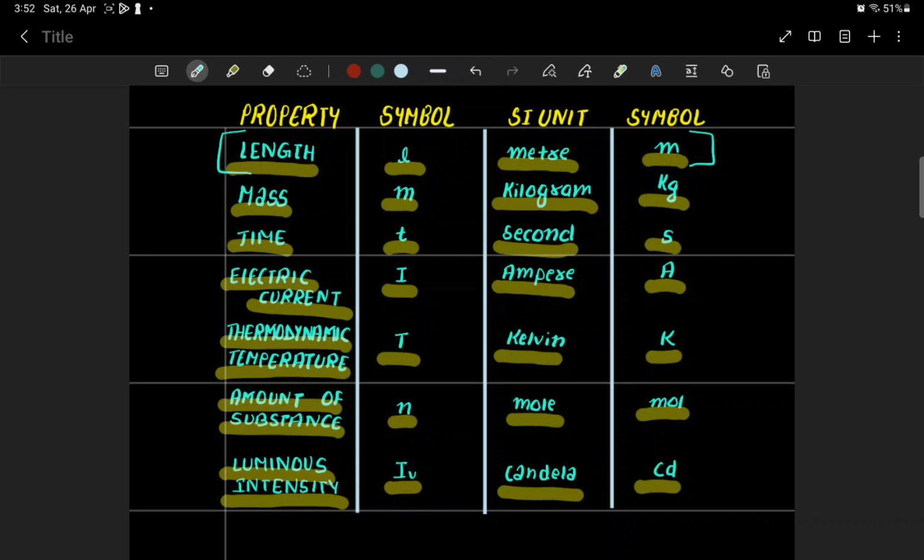Also, prefixes. Normally prefixes are not very much used. Even out here, the kilo is a prefix, 10 to the power 3. When we indicate multiples or submultiples, we use prefixes.